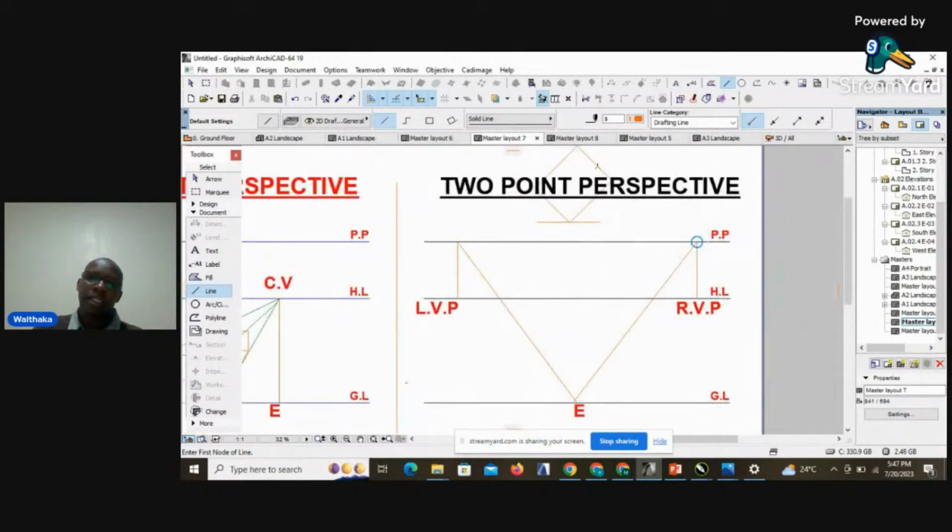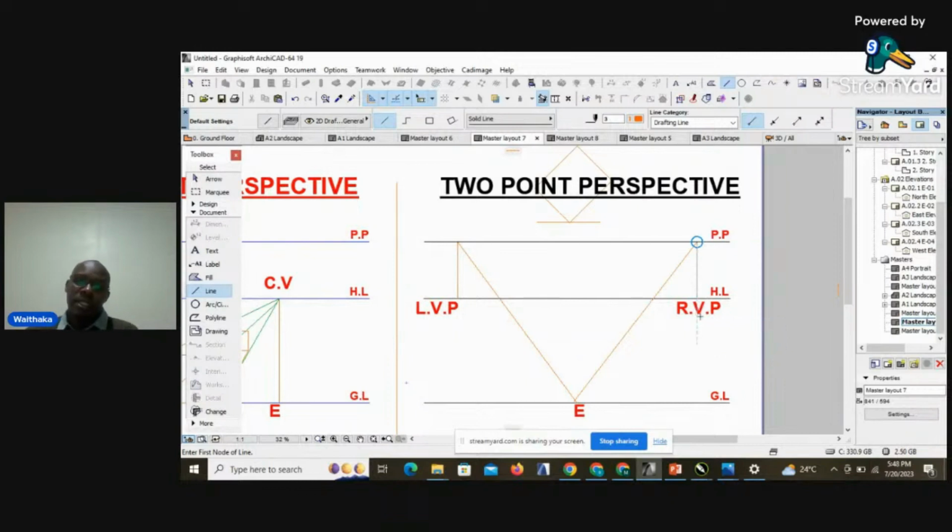So I'll repeat again. If the plan is inclining at an angle of 45 degrees on both sides, because of course it has to be 45 degrees so that with the right angle for the plan, which is 90, it should give us 180. Therefore, we will generate our vanishing points.